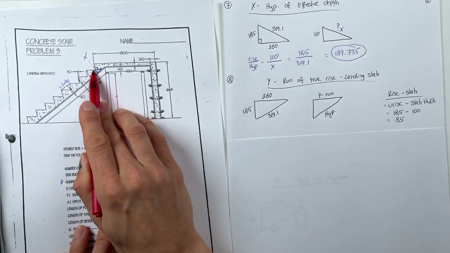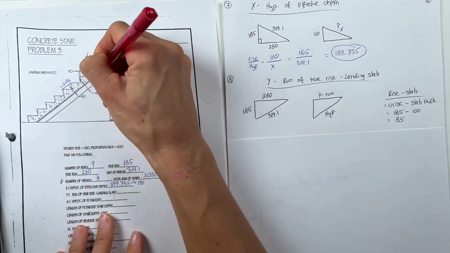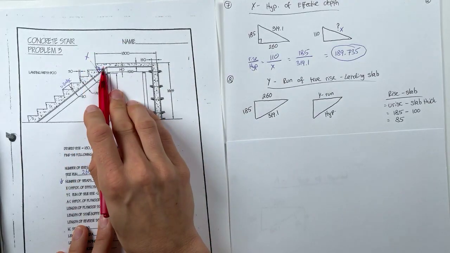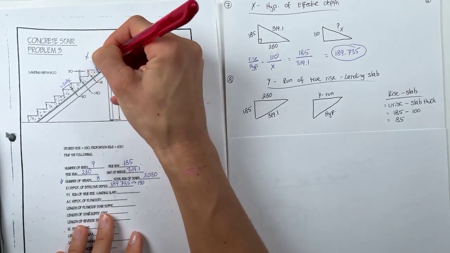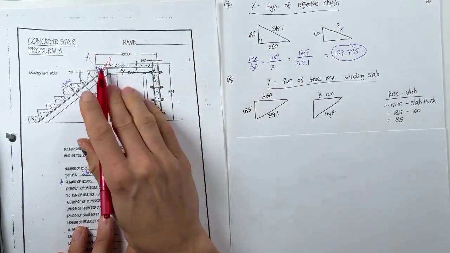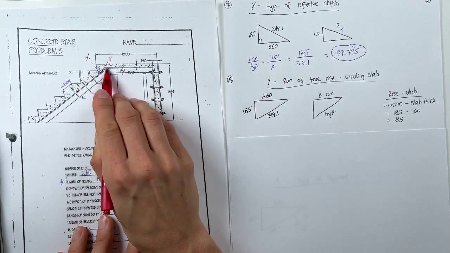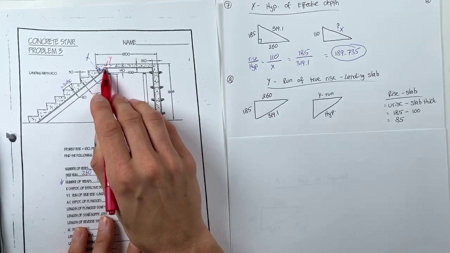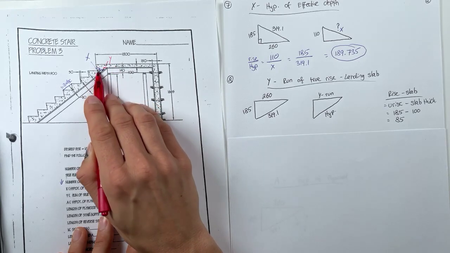What we're trying to find is the unit rise of this little bugger right here, and then to find the unit run of it. So basically the unit rise of this little triangle and unit run of this little triangle that is left over when we subtract the slab from our total unit rise.